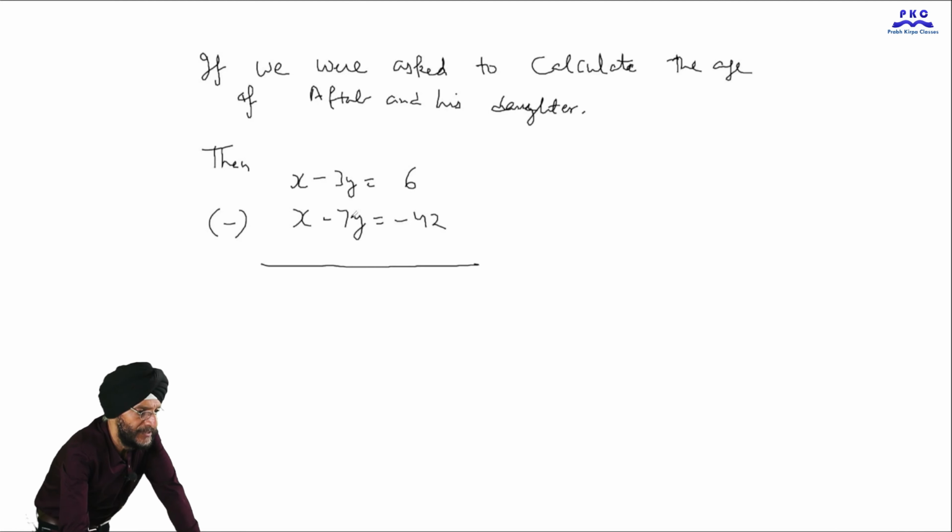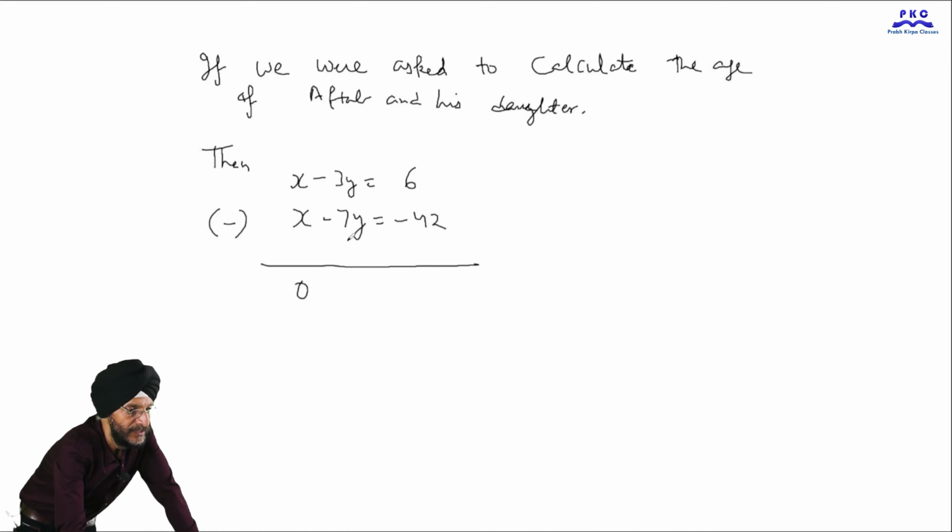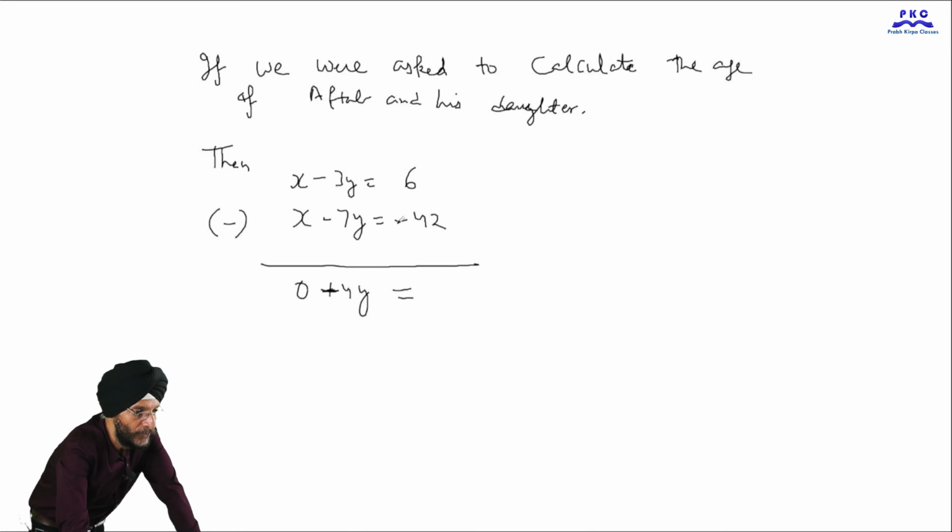Subtraction: minus x, it becomes 0. Now, what happens? It becomes positive because minus times minus is plus, that is plus 7y minus 3y, it becomes plus 4y is equal to 42 plus 6, it becomes 48.